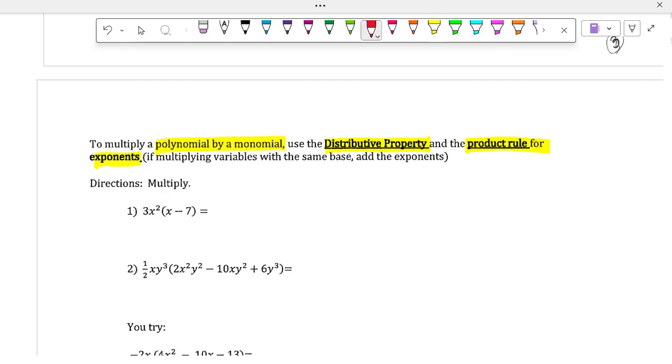What that means is that the product rule for exponents just states if you multiply, let's say, 3x squared and cube it, you would multiply that exponent to every piece inside the parentheses. So the 3, since it's technically a base, multiply the 3 to it, multiply the 3 to the 2.